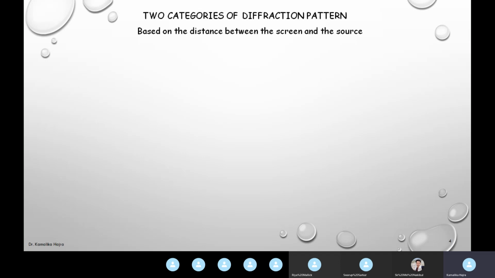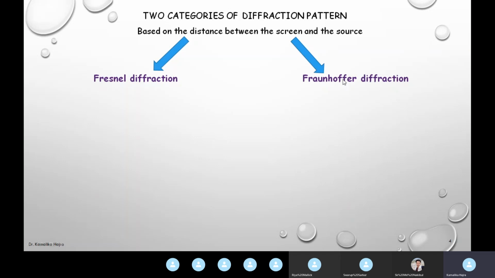To observe diffraction, we need a source of light and we need a screen on which the pattern will be observed. Depending on the distance between the screen and the source, diffraction is categorized into two types. First, Fresnel diffraction, although we will study this later. We will study the second one first, and that is the Fraunhofer diffraction. I'm sorry, there is a spelling mistake. There will be only one F over here.